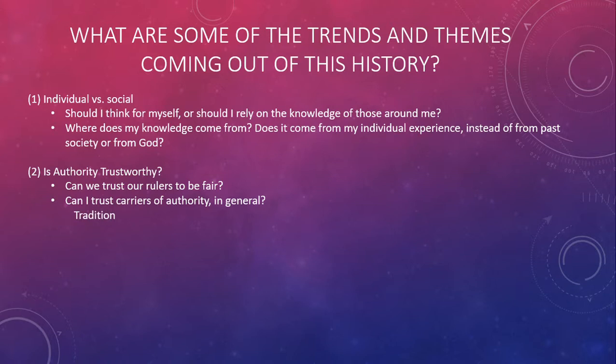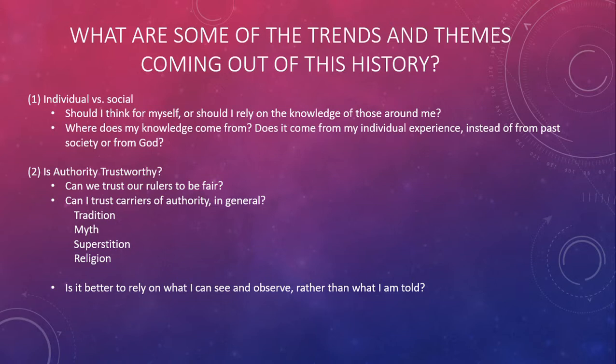These included tradition, myths, superstition, and even religion. People were really starting to question whether it was better to rely more on what they could see and observe and feel than on what they had been told.